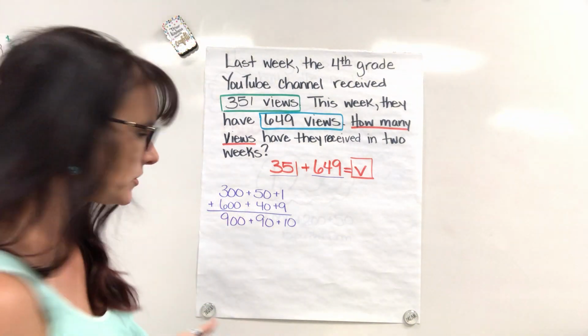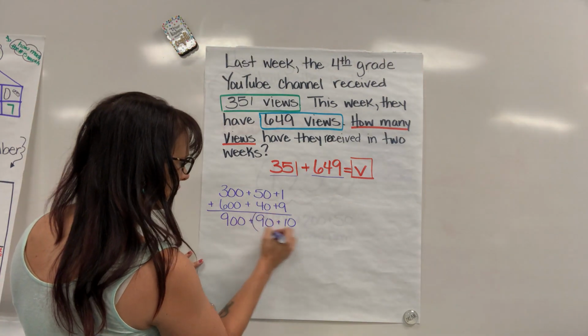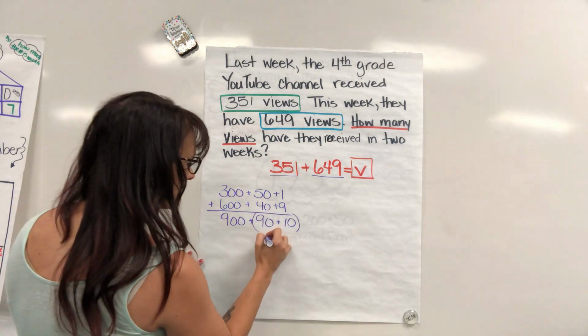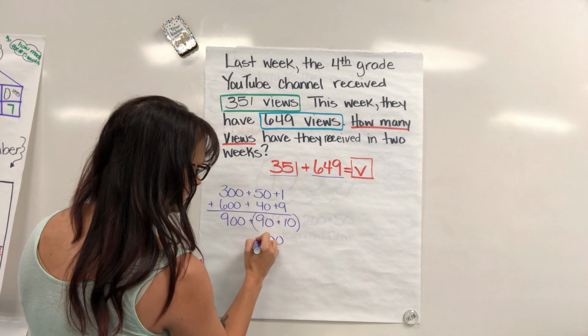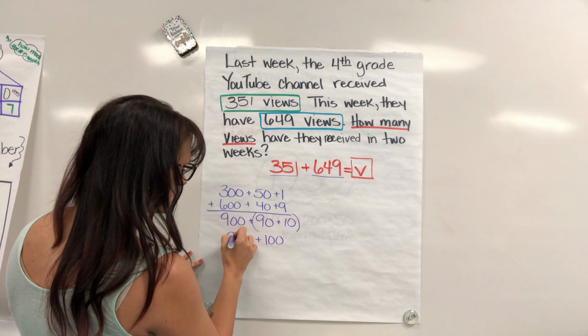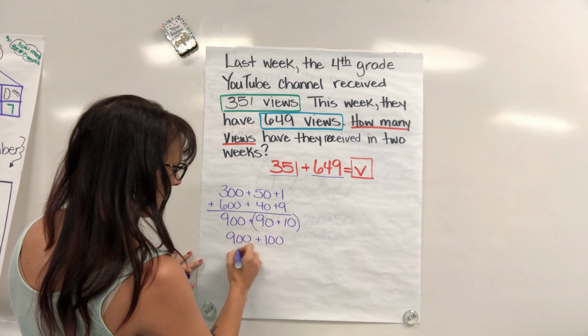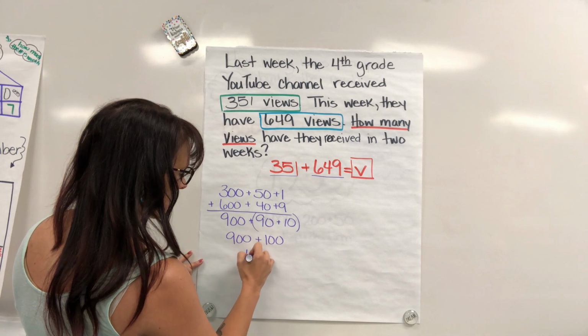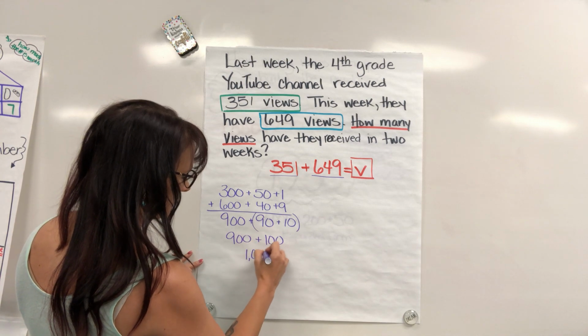And then from here, you can clearly see if we add our 90 and our 10 together, we get 100. And then we add it to that 900. And that is going to give us 1,000.